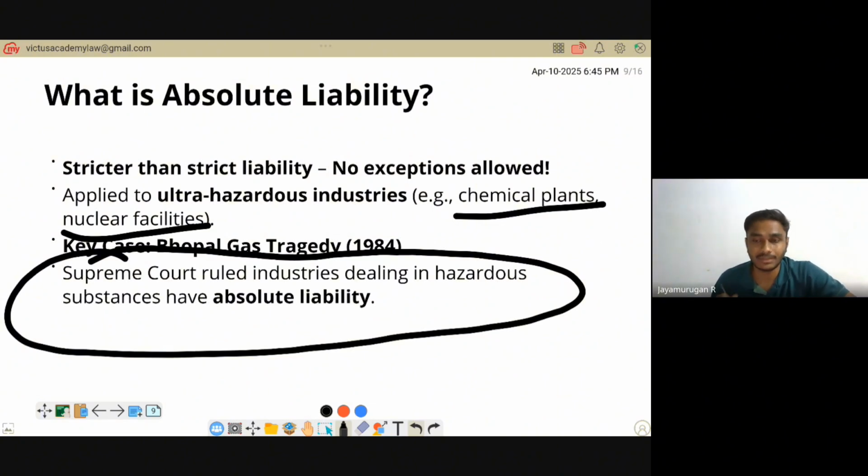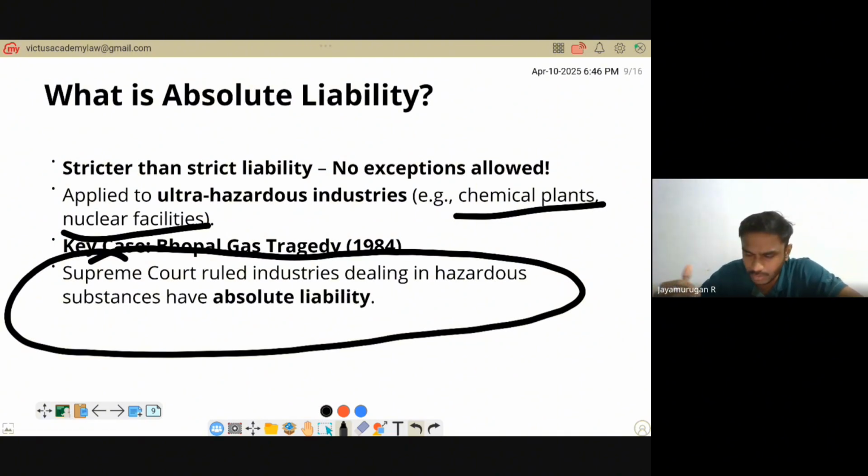What happened in this case? On the night of December 1984, a gas leakage happened at the Union Carbide India plant in Bhopal. Sorry, it's not a nuclear plant, it deals with certain chemical gases like methyl isocyanate, MIC.